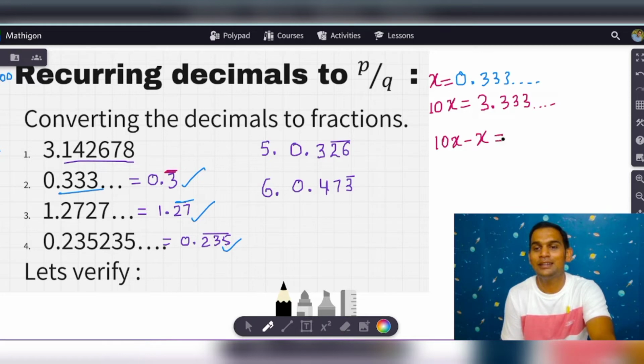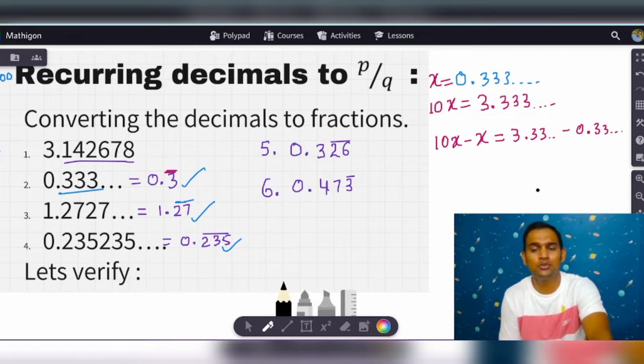So that gives us 3.33, which keeps on repeating, minus 0.33333. Now, let's suppose it was not repeating and we had to subtract 2.45 minus 0.45. What happens to the places after the decimal?